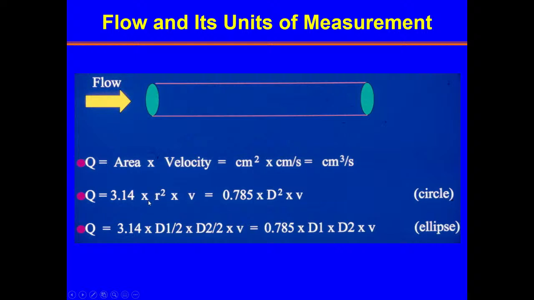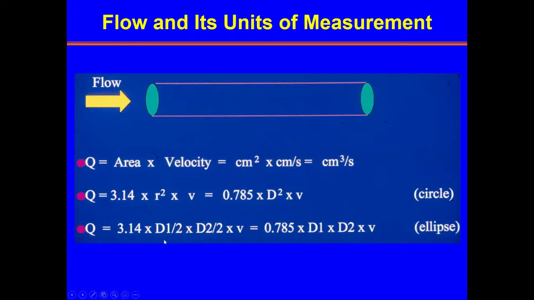To get the area of a circle, we use pi r squared. In many situations it's more of an ellipse, and not infrequently it's neither a circle nor an ellipse, and then we need more complex expressions to characterize these cross sections, but the basic ones are the circle or the ellipse.